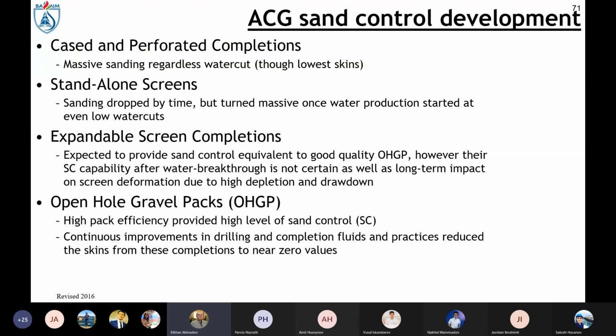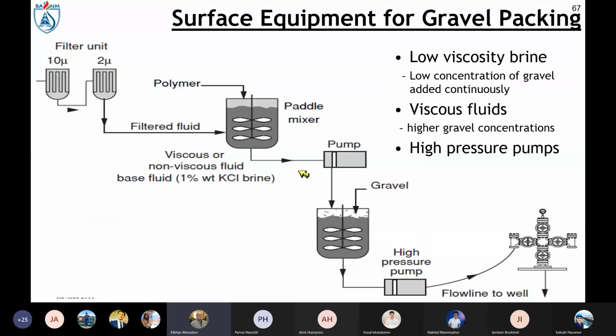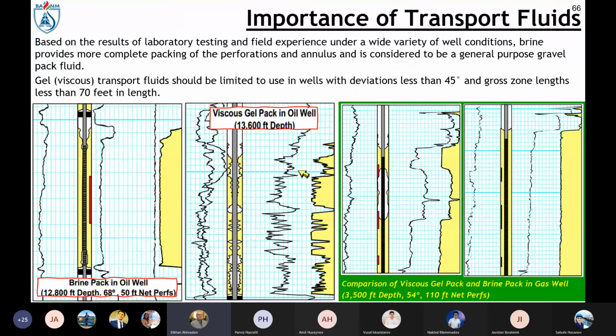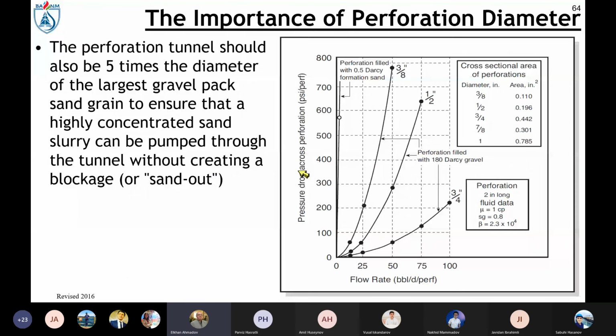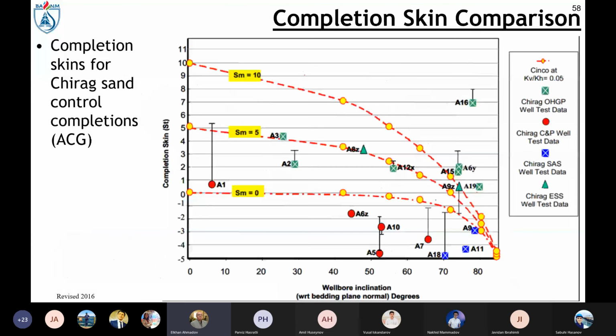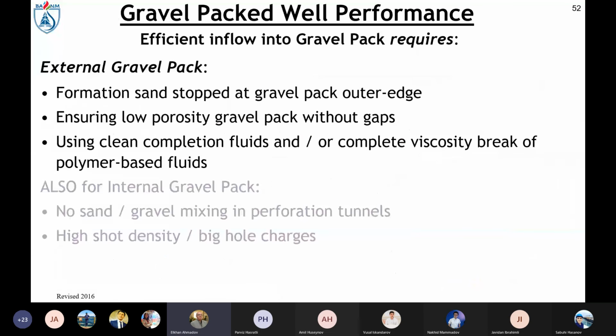using the different completion types that reduce the drawdown, so the drainage area is increased.